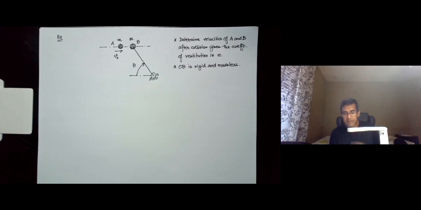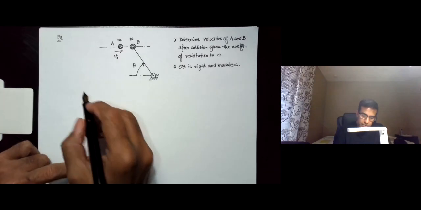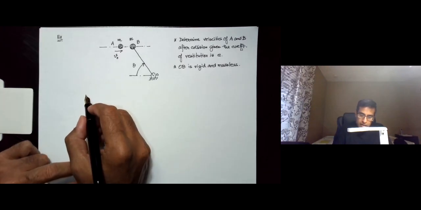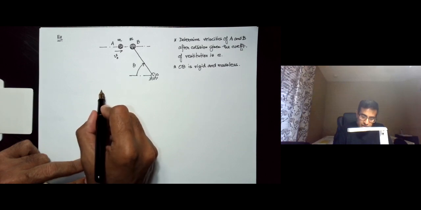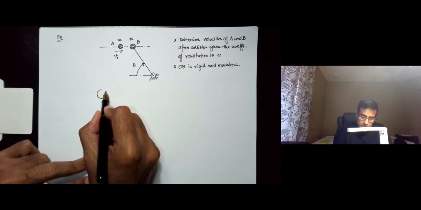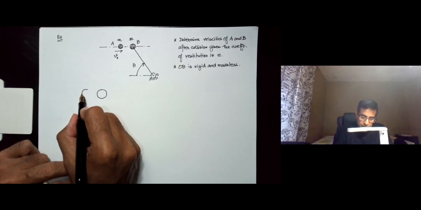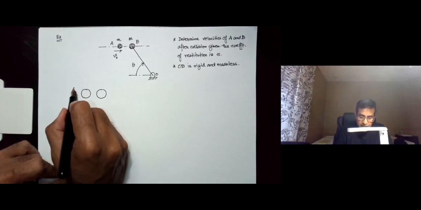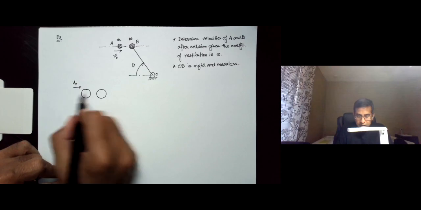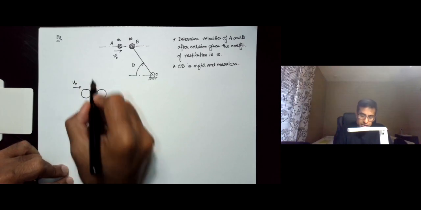As you can see here, consider the velocities that will result after the collision. You have the mass B, and you have A. A is moving with a velocity v naught. It's undergoing a head-on collision.